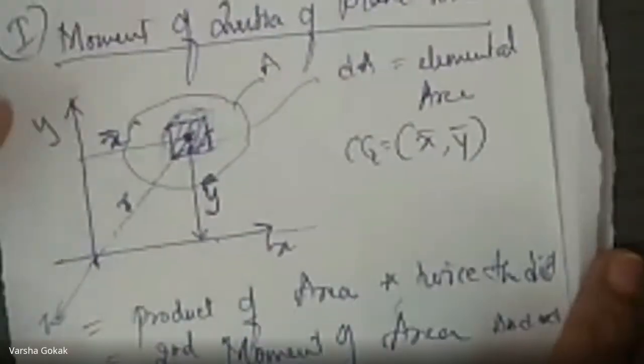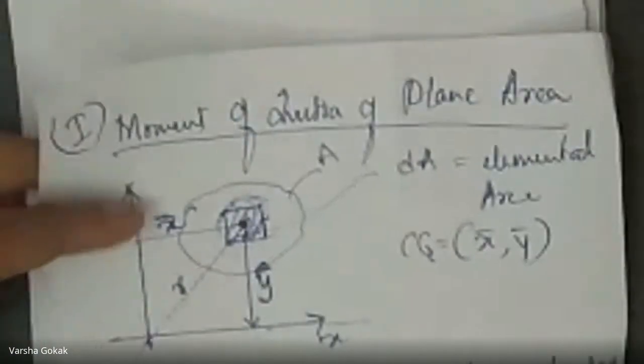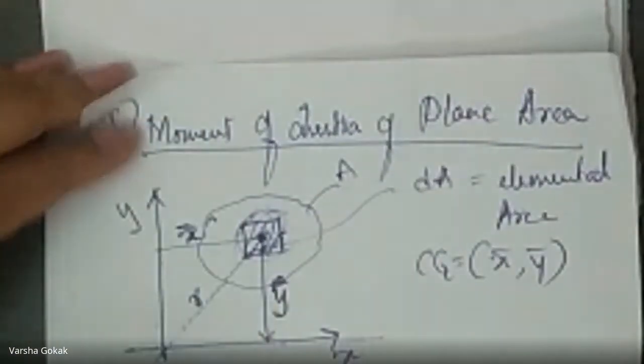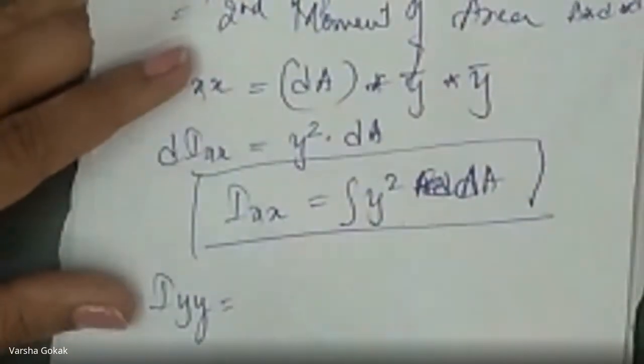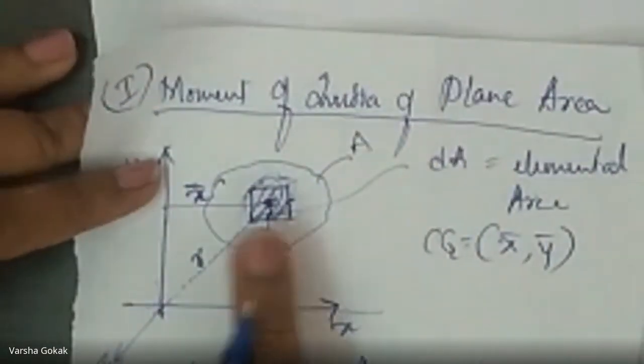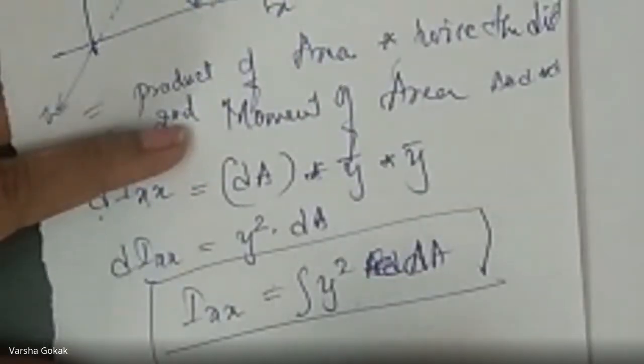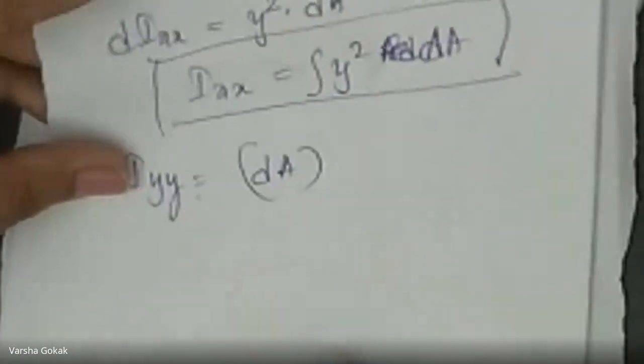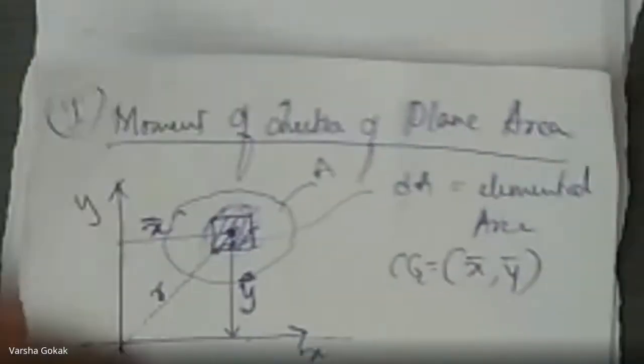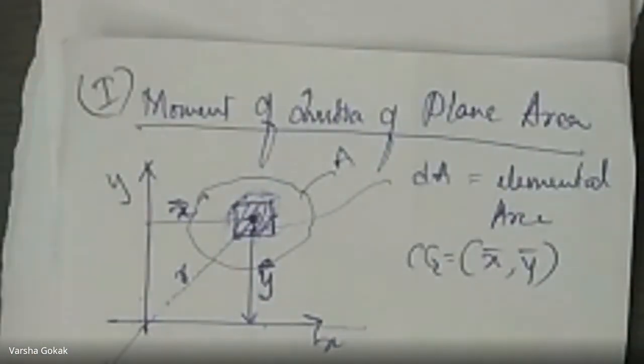Now, on the same lines, if I ask you to write the generalized equation for Iyy, look into the figure. It is going to be second moment of area, area into twice the distance. So area is given by dA into, what is the perpendicular distance for the y-axis?